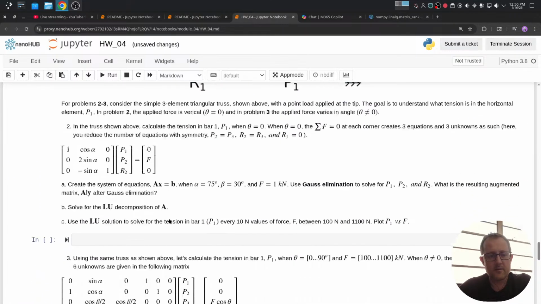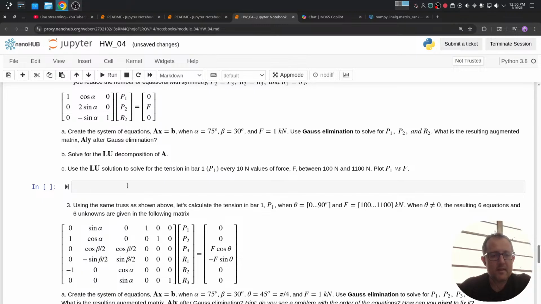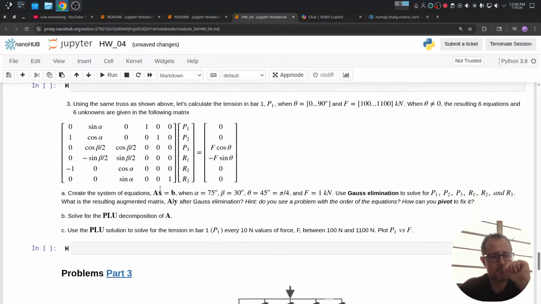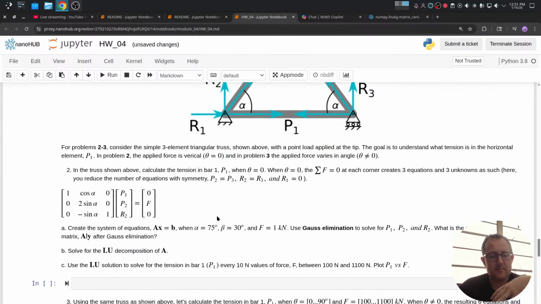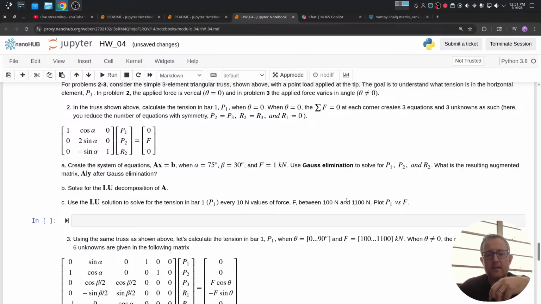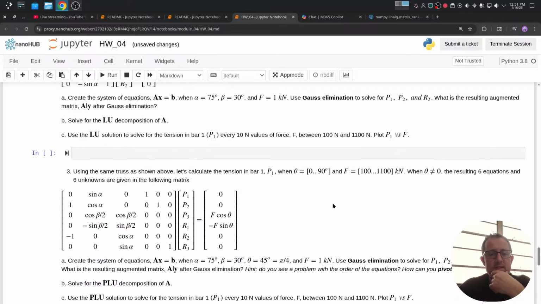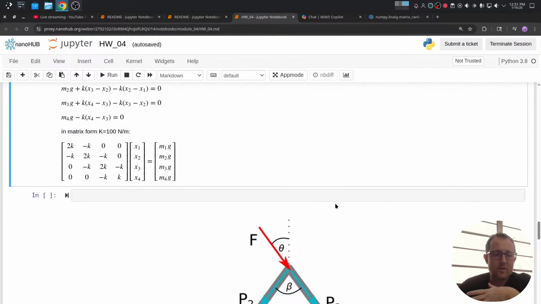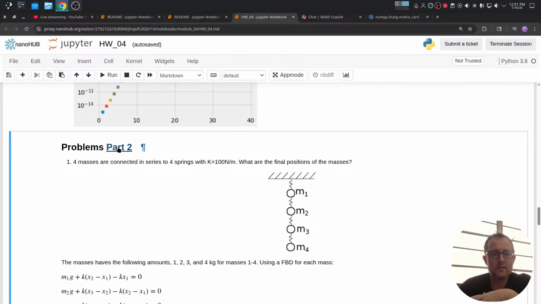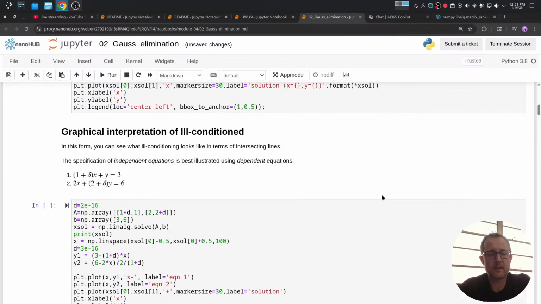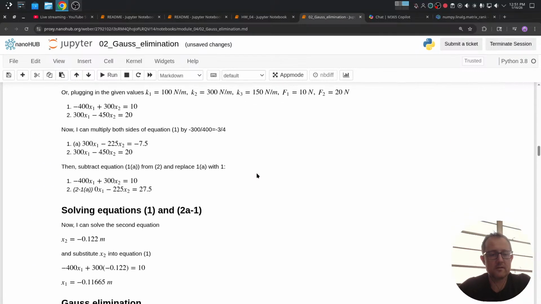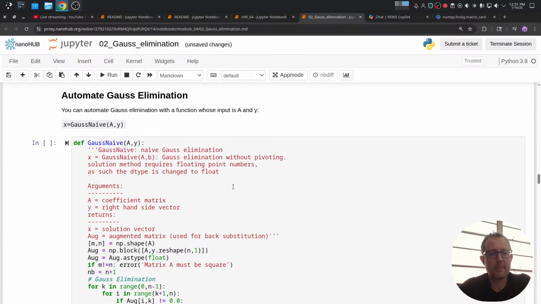Okay, coming down. The main thing that I saw here was people rewriting these pivot and LU decomposition matrices. Again, there's already stuff that you can grab. If you look at the reading in here, coming down, here's a naive Gauss elimination.